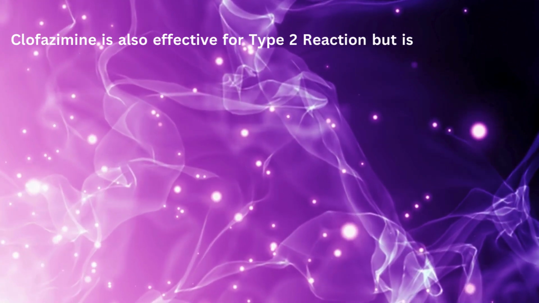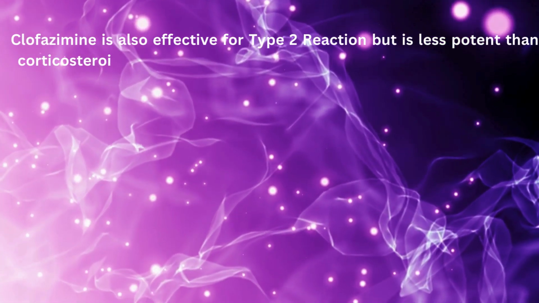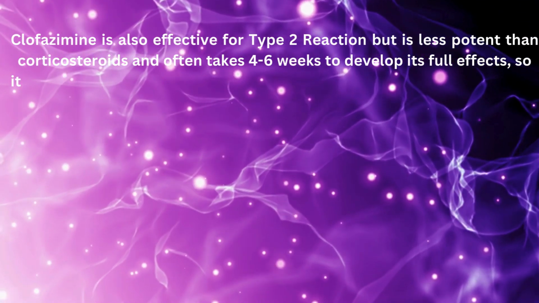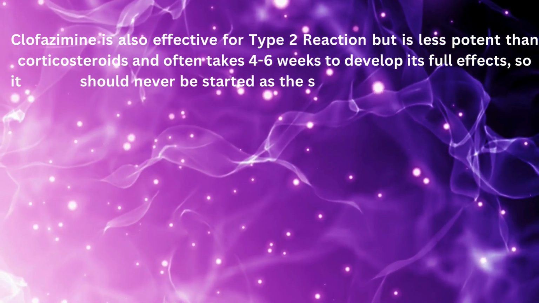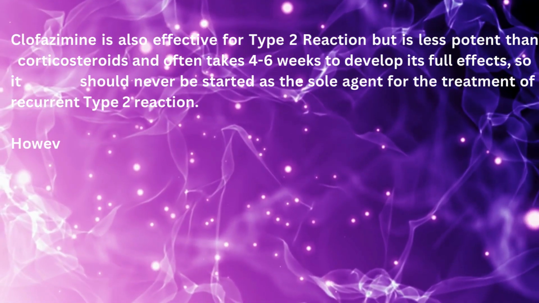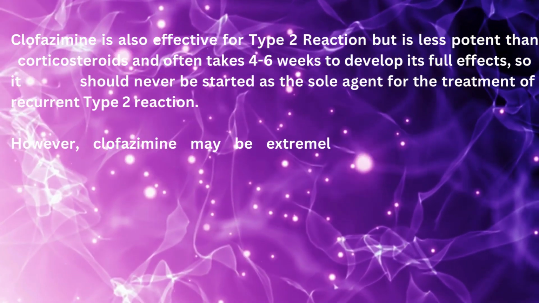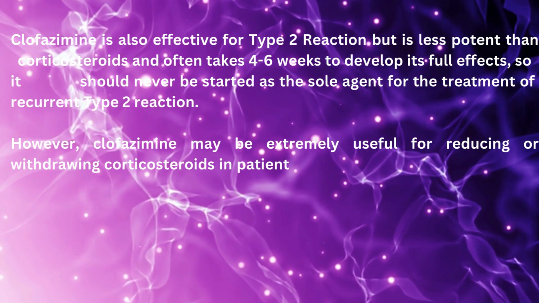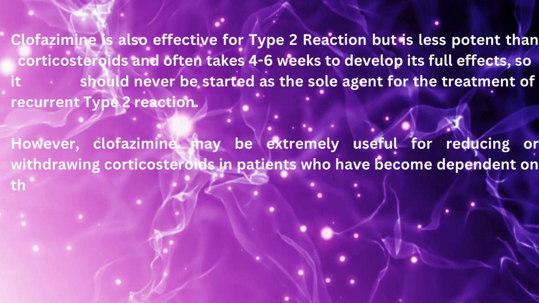Clofazimine is also effective for type 2 reaction, but is less potent than corticosteroids and often takes 4 to 6 weeks to develop its full effects, so it should never be started as the sole agent for the treatment of recurrent type 2 reaction. However, clofazimine may be extremely useful for reducing or withdrawing corticosteroids in patients who have become dependent on them.